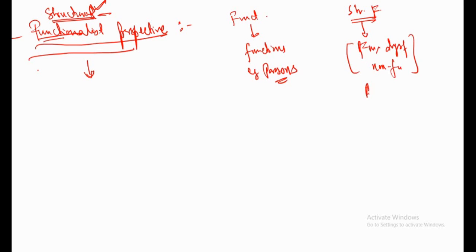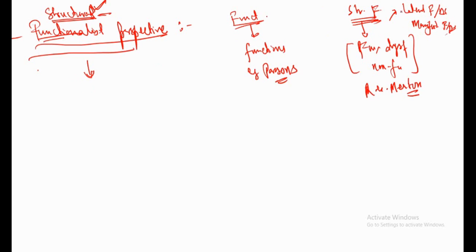An example is R.K. Merton. These are structural functionalists, these are functionalists. They also talk about latent functions and latent dysfunctions, and manifest functions and manifest dysfunctions. So I will be talking about this.